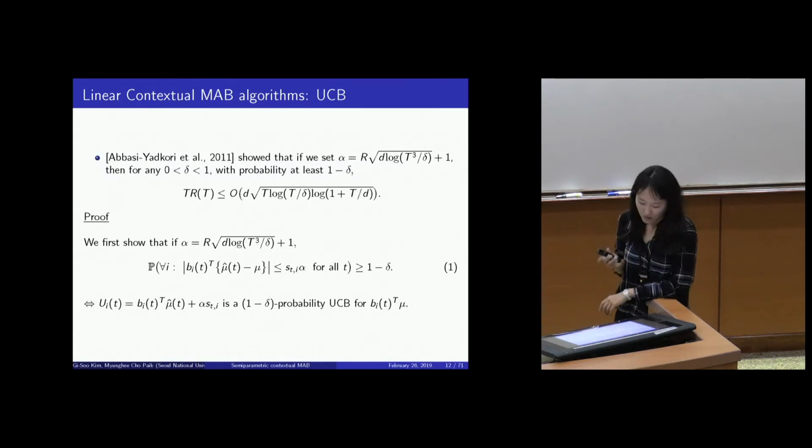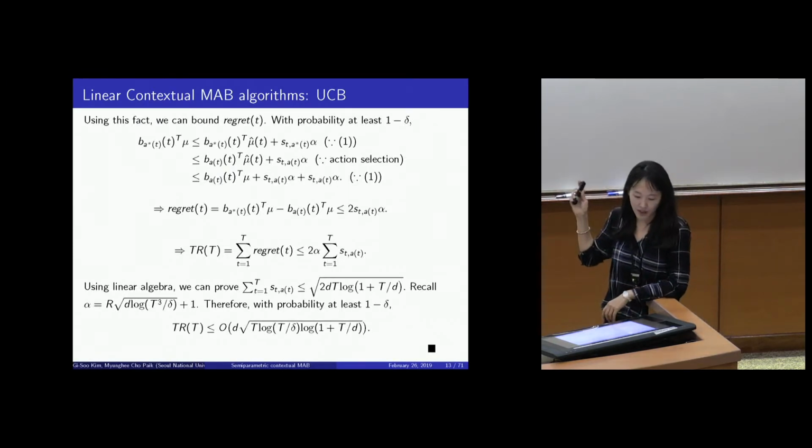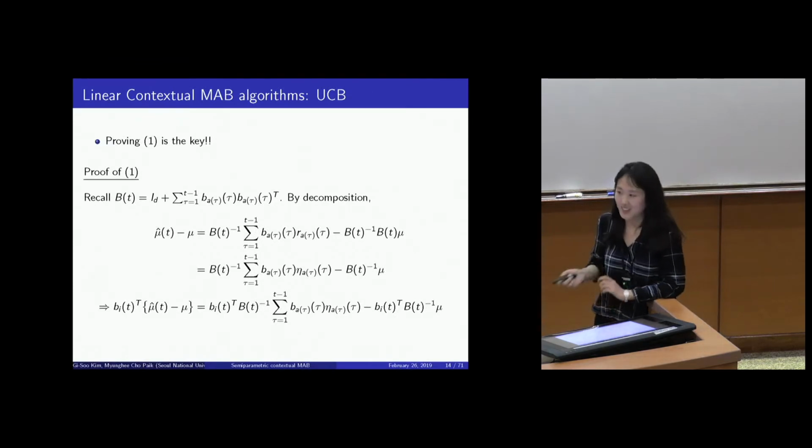So the core of the proof, in fact, is proving 1. And once this is established, then the rest of the proof is very simple, and I will just skip the details. So proving 1 was the key in the UCB algorithm.